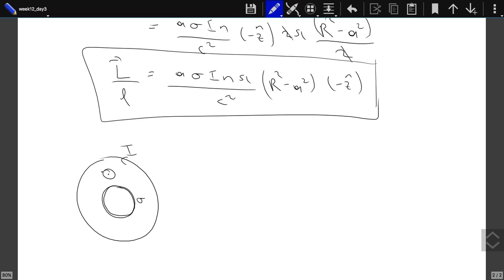I'm reducing I, so is it counterclockwise or clockwise? I'm reducing I, so it will be counterclockwise. So basically this will be the direction of the E field.